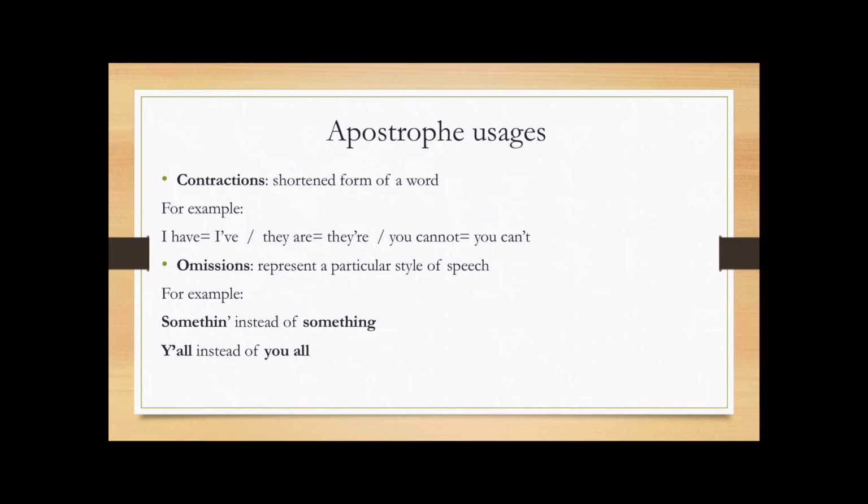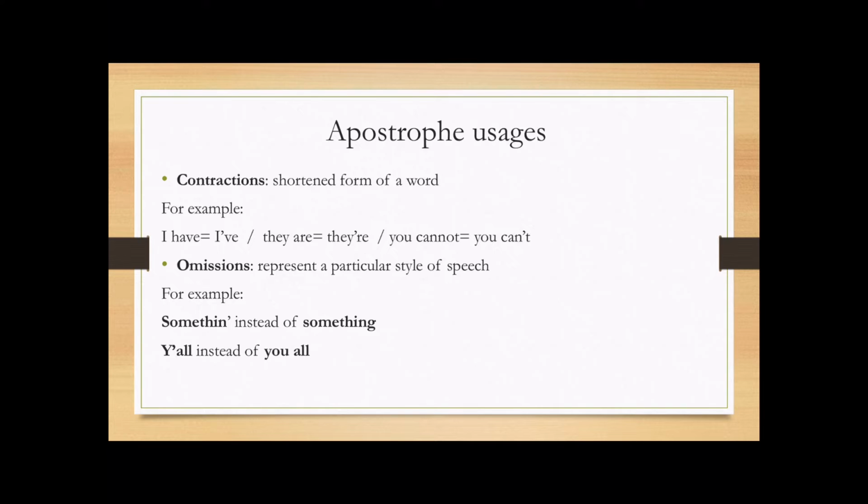For example, sometimes in an informal way they write "something" with an apostrophe at the end. That means that they are trying to tell us that most people omitted that letter, in this case, G.